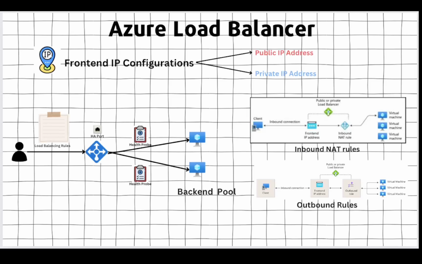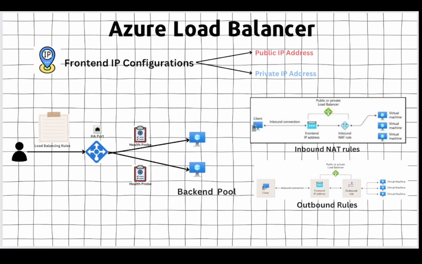Outbound rules allow you to define a source network address translation, also called SNAT, for standard SKUs. These kinds of SNAT rules or outbound rules are only supported in the standard load balancer and will allow you to basically divert your virtual machine traffic via the load balancer.